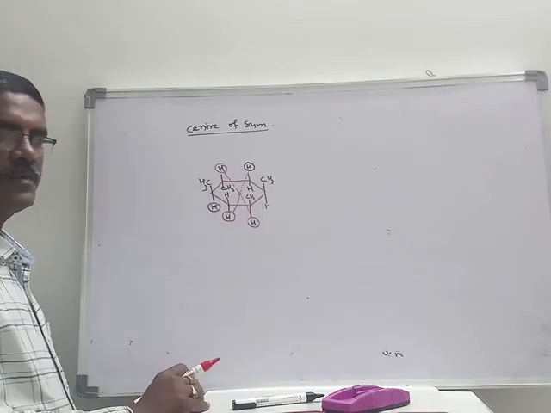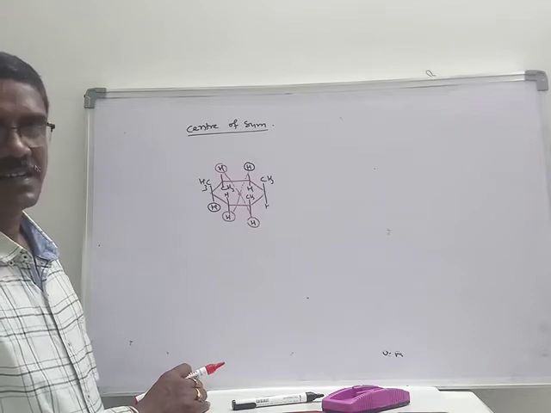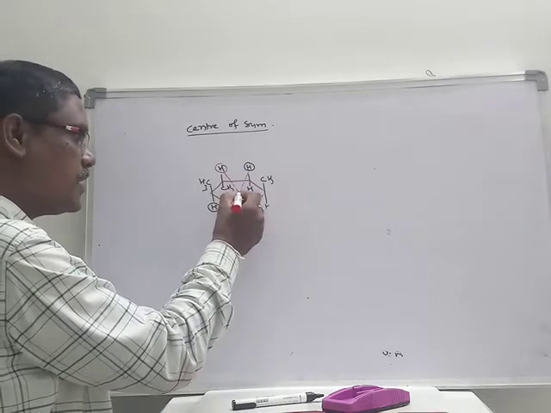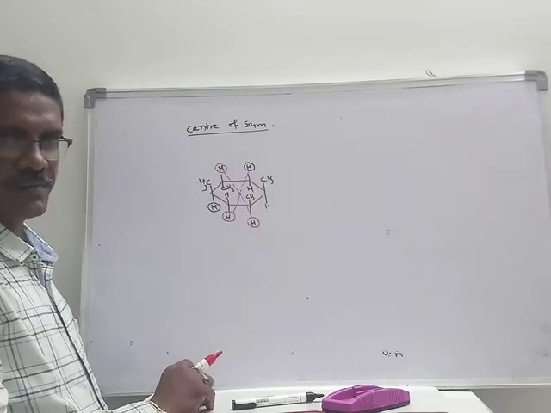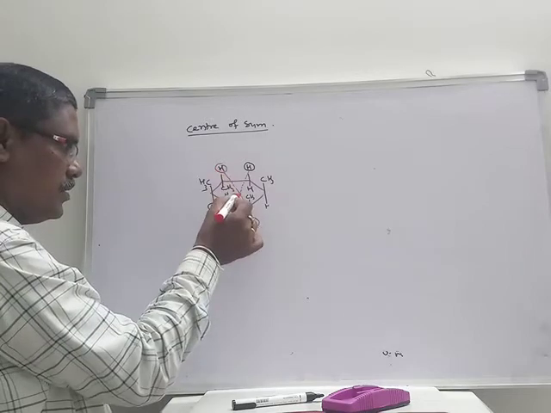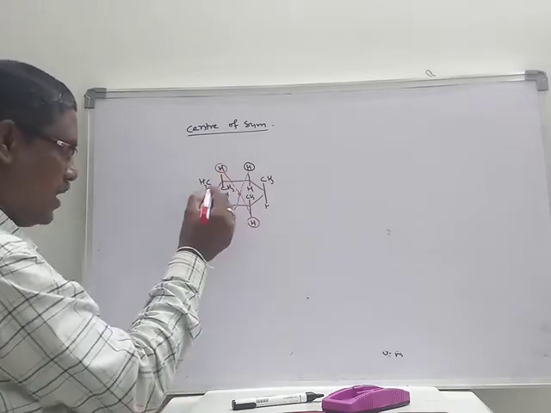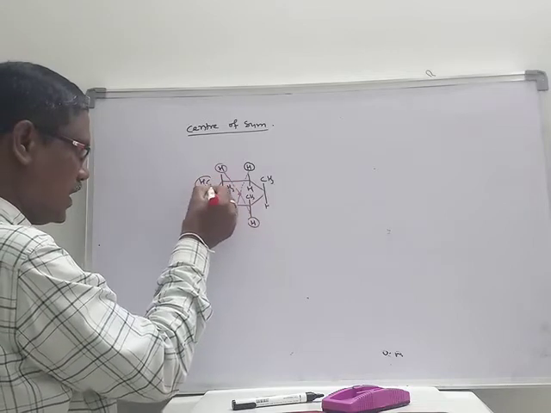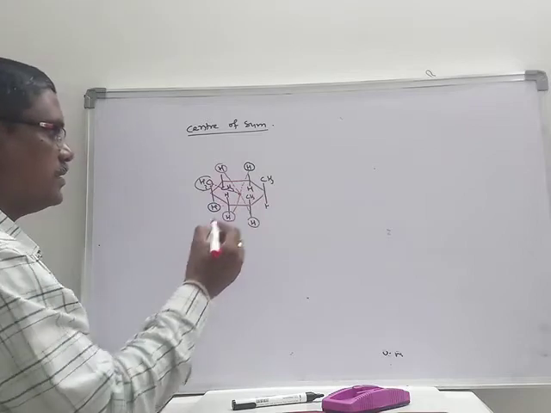The same atom, that line is touching through the center point, and the distance from the center point to this hydrogen is the same as the distance from the center point to the other hydrogen. And this is CH3, and I am extending a line up to the center point.